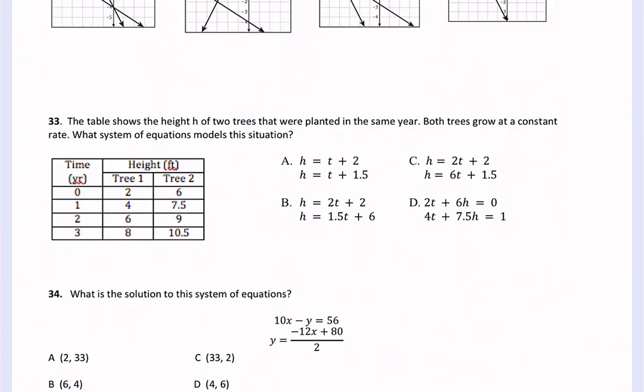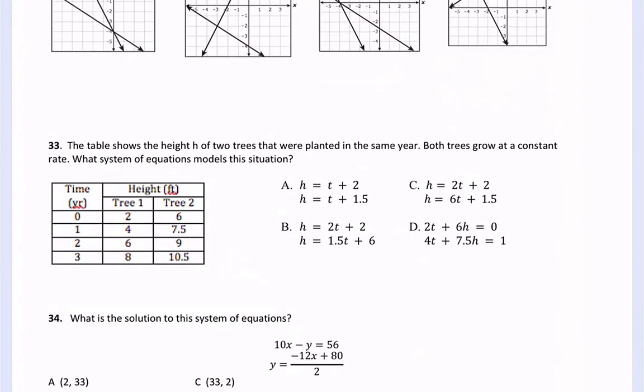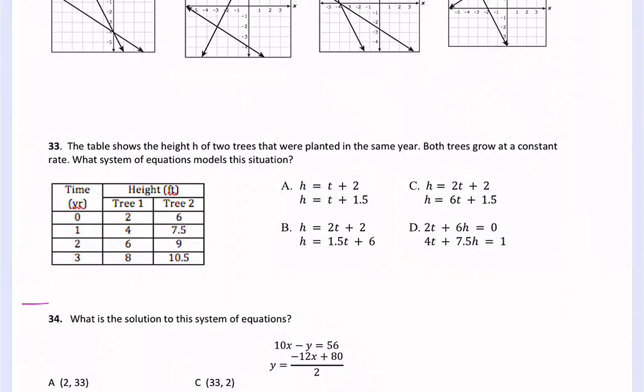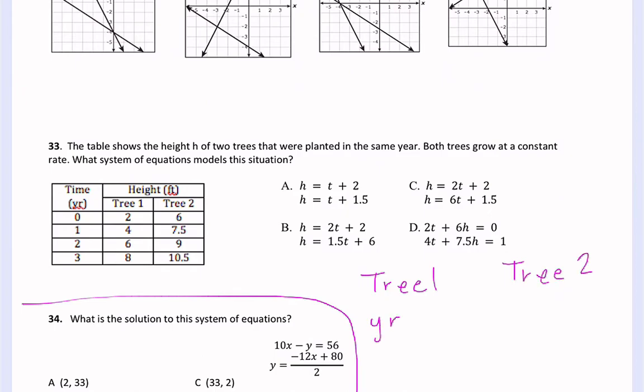Where am I going to do that? I'm just going to box this off. And I'm going to make tree 1 right here. And tree 2 here. So for tree 1, the year is 0, 1, 2, 3.